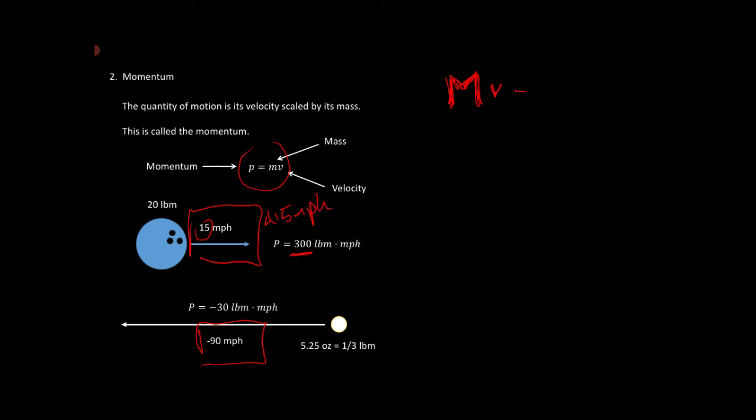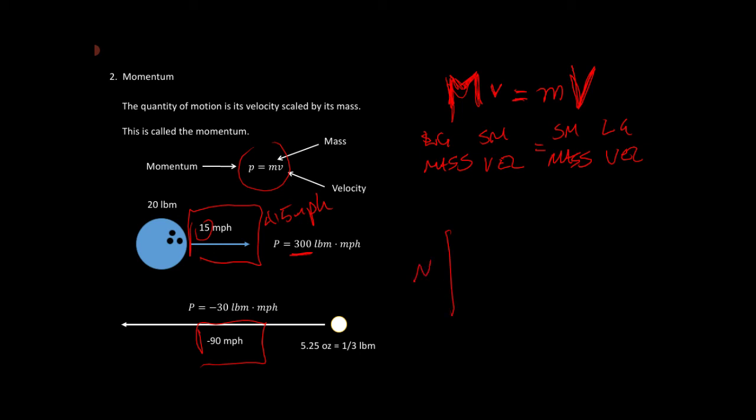Then it would have the same momentum as something with a small mass and a big speed. All right, so large mass times small velocity is equal to small mass times a large velocity.